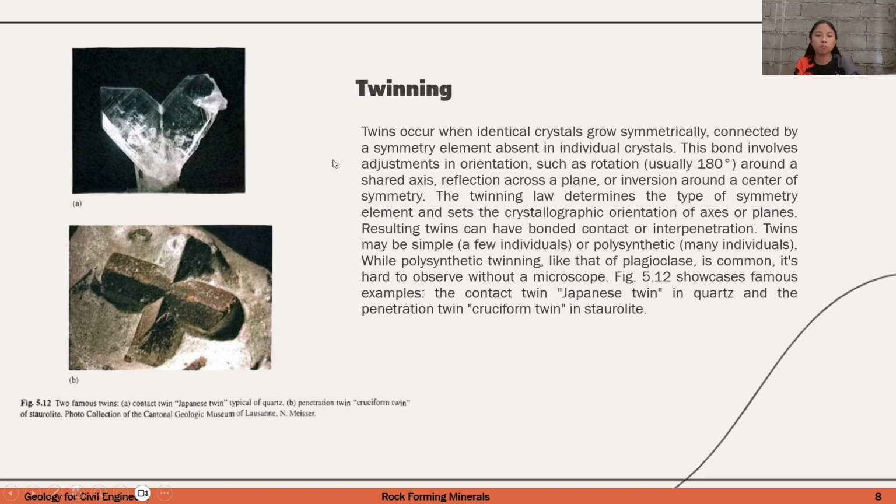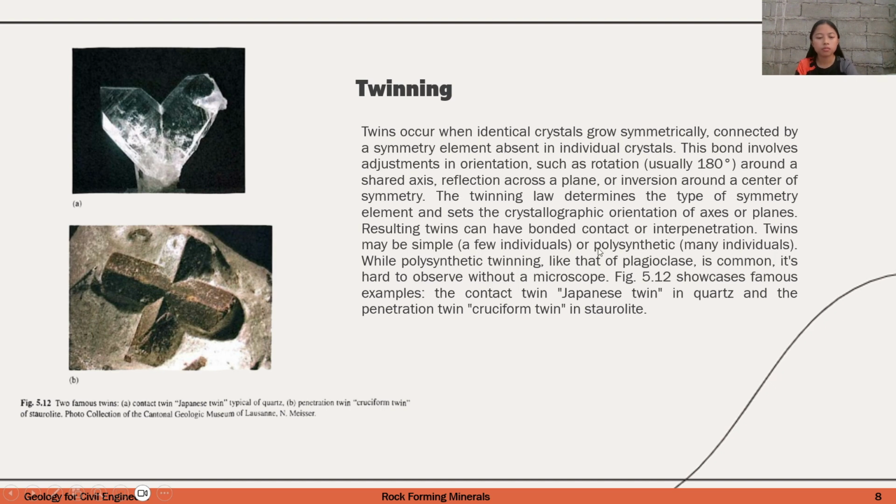So, yung points to remember dito is yung dalawang type of twin: contact twin and penetration twin. Contact twin is yung parang mag-touch sila together. And yung penetration is yung nag-penetrate yung isang mineral sa isang mineral.